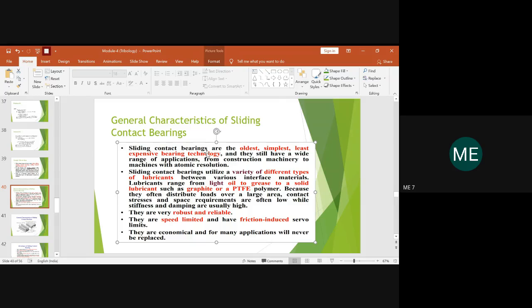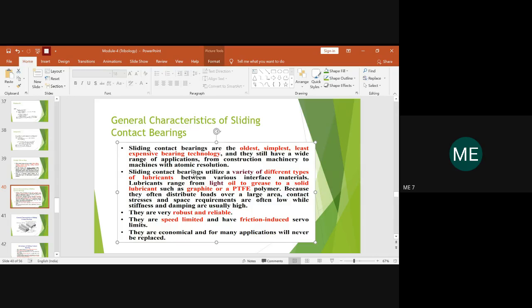Due to its long history, it has found a wide range of applications, from construction machinery to automatic aspects. These are the range of applications in which sliding contact bearings exist in today's market. When you think about a sliding contact bearing, you know that it utilizes a lubricant. Without a lubricant layer, it is difficult to perform any task in the case of bearings.